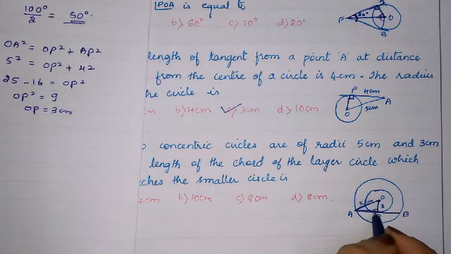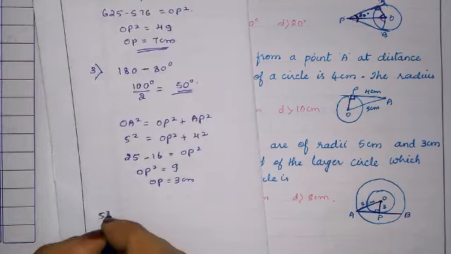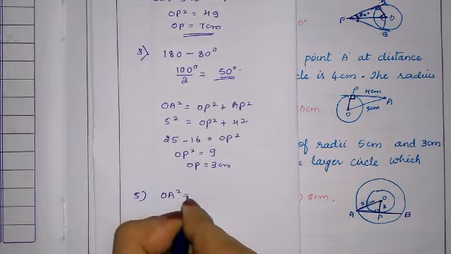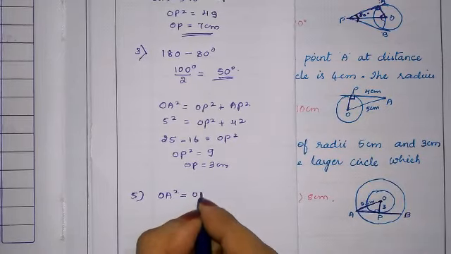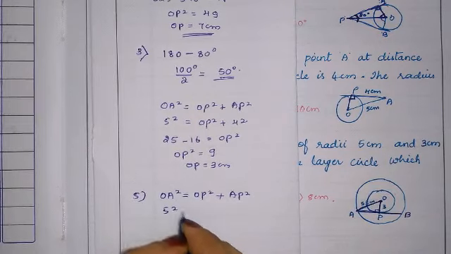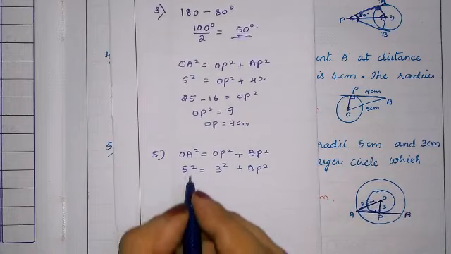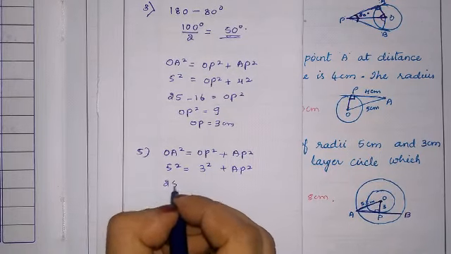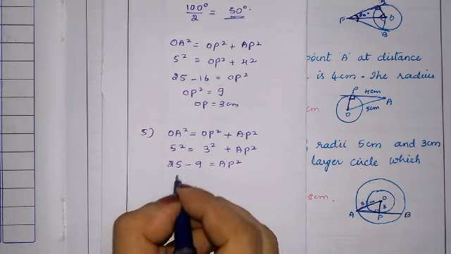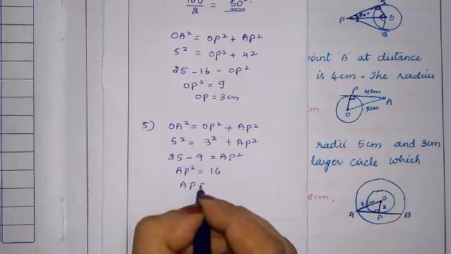Now we can see this is 90 degrees. OA square is equal to OP square plus AP square. 5 square is equal to 3 square plus AP square. 25 minus 9 is equal to AP square. AP square is 16. AP is equal to 4.